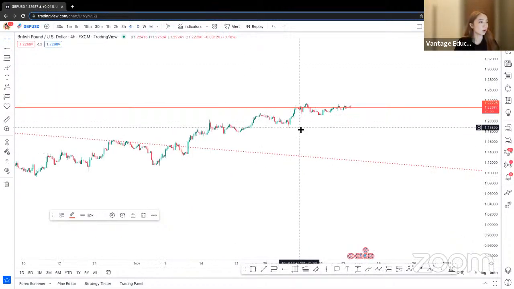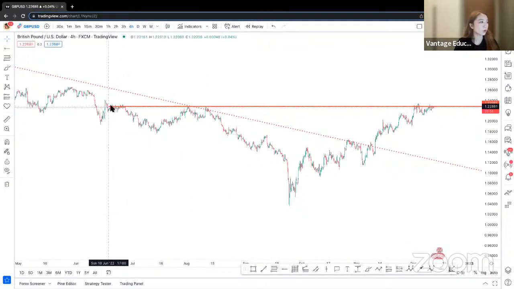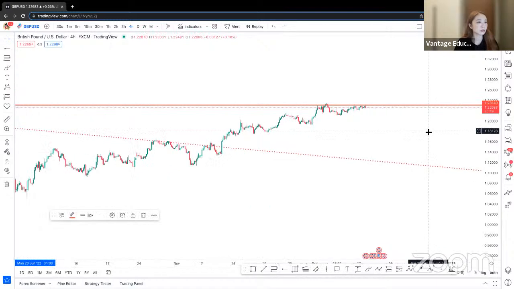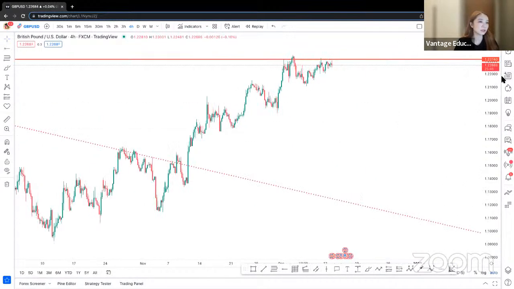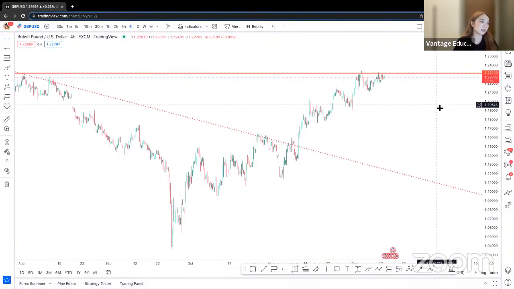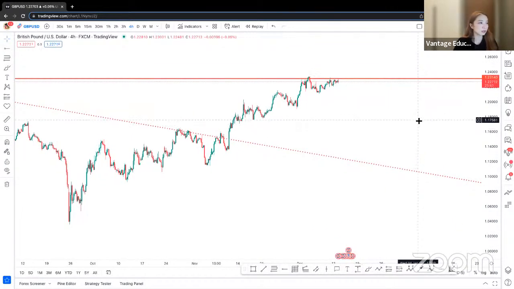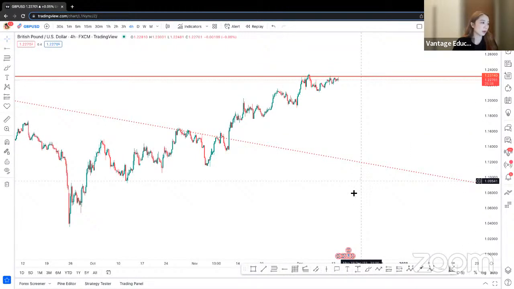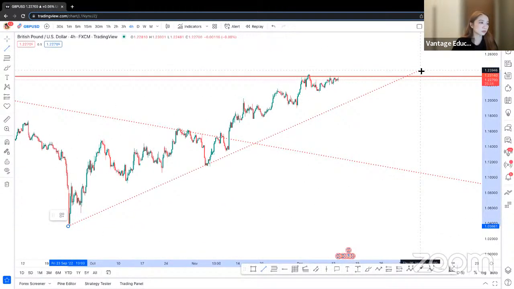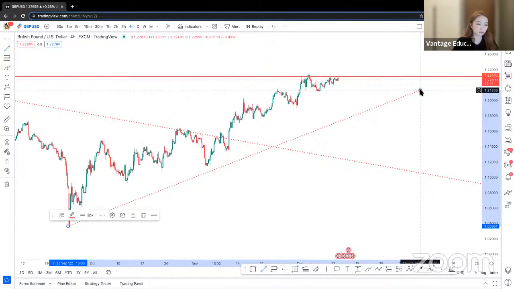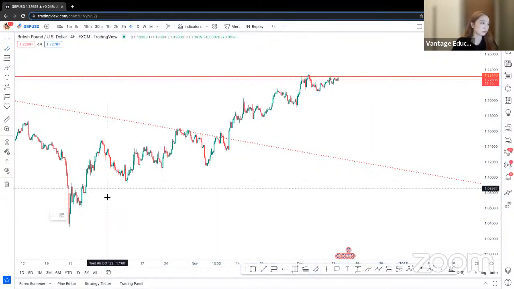Let's look at H4. So let me just put it over here. Okay, so we are looking at this. It looks like there is potential for a sell. However, we are looking at a very strong upward movement, actually. Hold on.